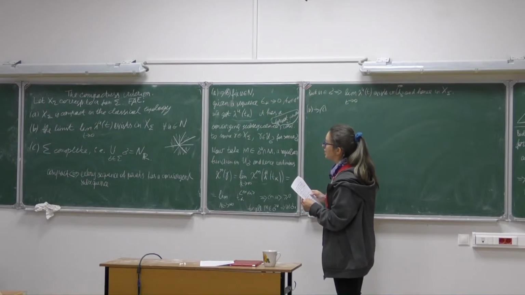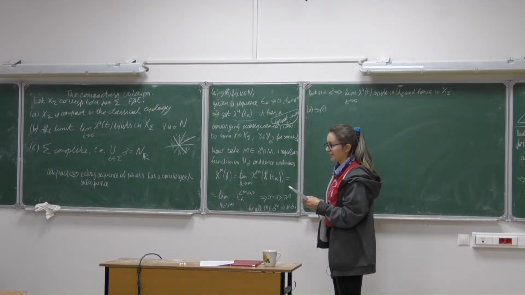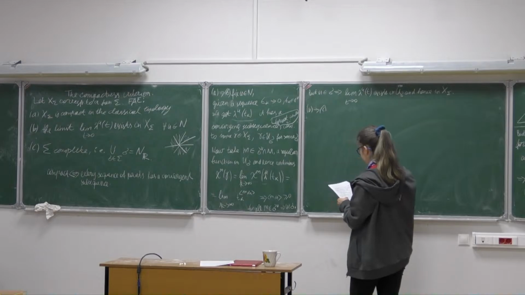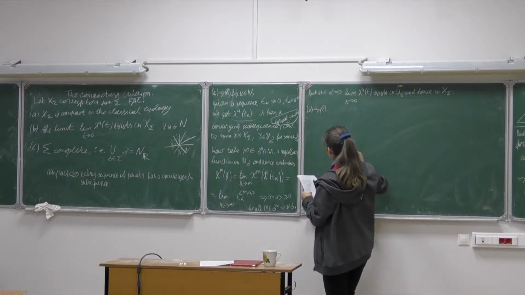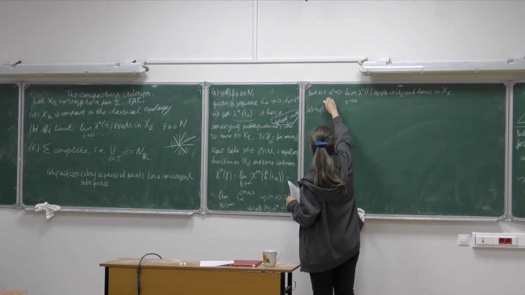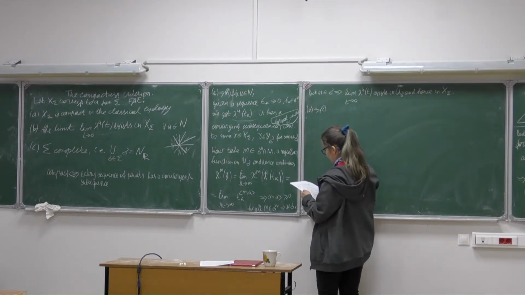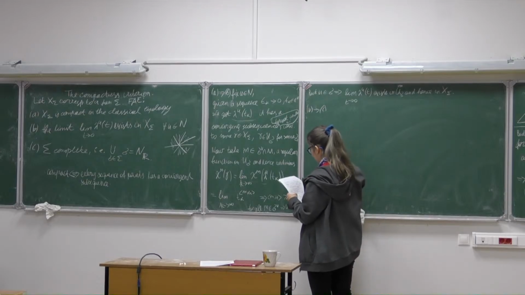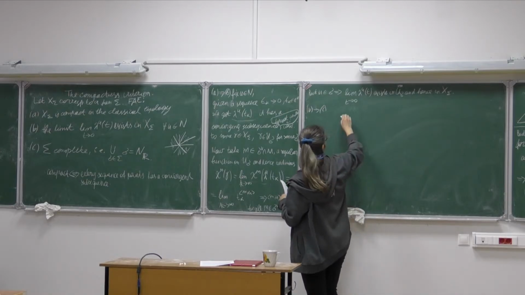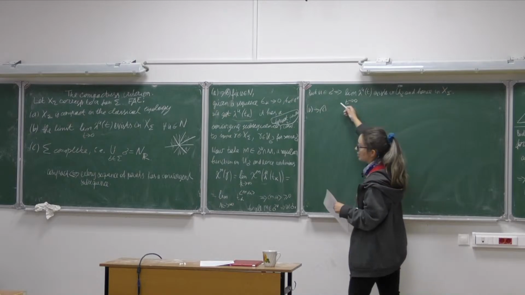Our aim is to prove that the fan is complete. For each u, this limit exists if and only if u is in sigma.